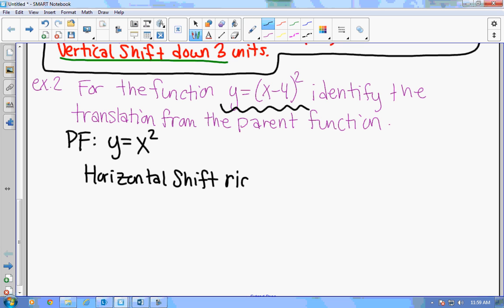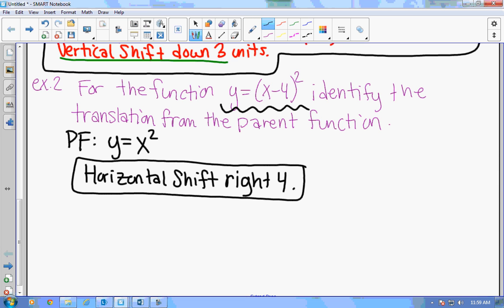Right 4. Horizontal shift, right 4. Because it's inside the grouping, it's a horizontal shift. Your only options for horizontal are right and left. If it's outside the grouping, it's a vertical shift, and those options are up and down.